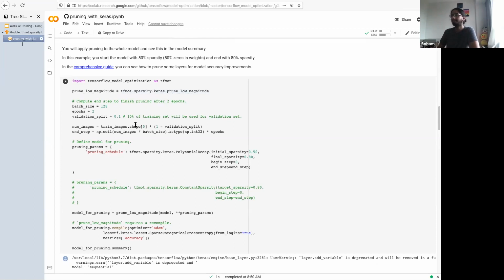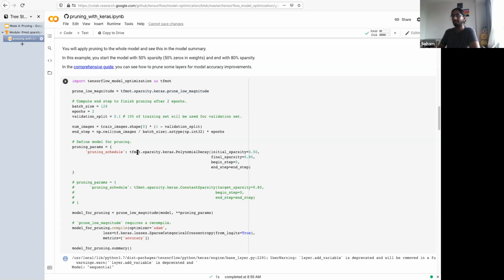These are just some hyperparameters that we're setting: batch size, epochs, validation split, and so on. And we'll also have to mention the parameters that we're using for pruning. One of those parameters is the pruning schedule.